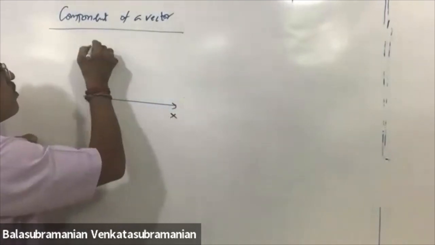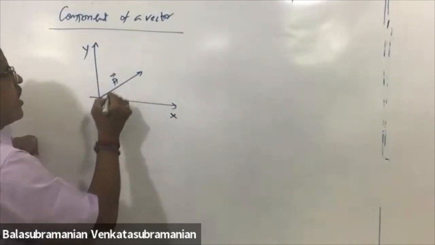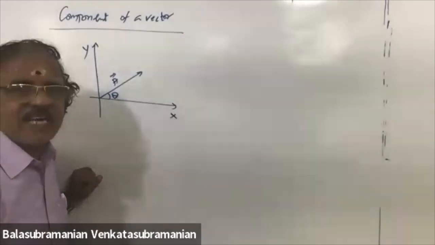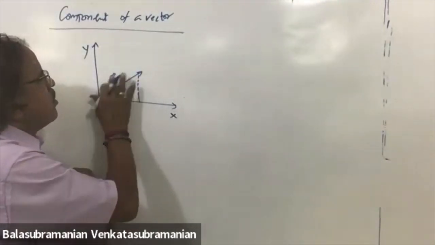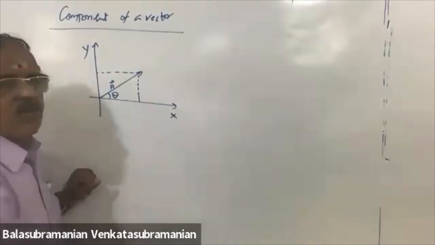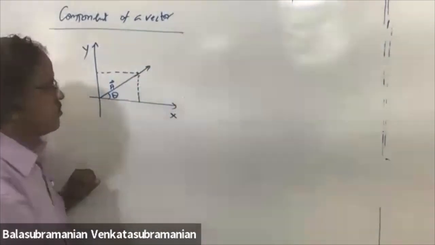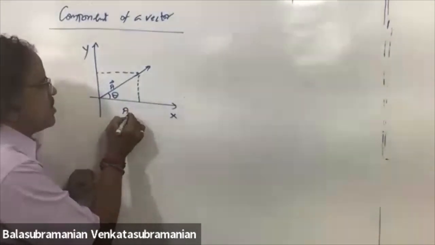X and Y. You are representing a vector A which makes an angle theta with the horizontal, the x-axis. Dotted line. Along the direction of the x-axis, you take it as AX.